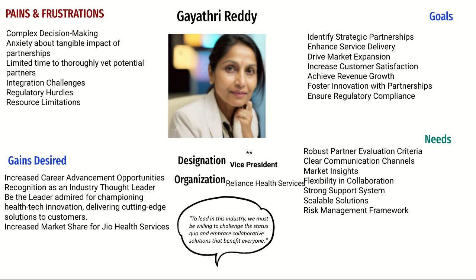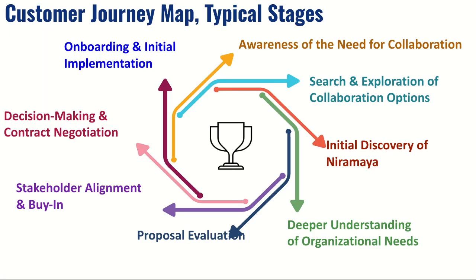And now they have gone and met Gayatri, who is the vice president in Reliance Health Services, and figured out her goals, jobs to be done, needs and aspirations, pains and frustrations. That is what you can see summarized on the screen right now, as well as in the case study write-up.